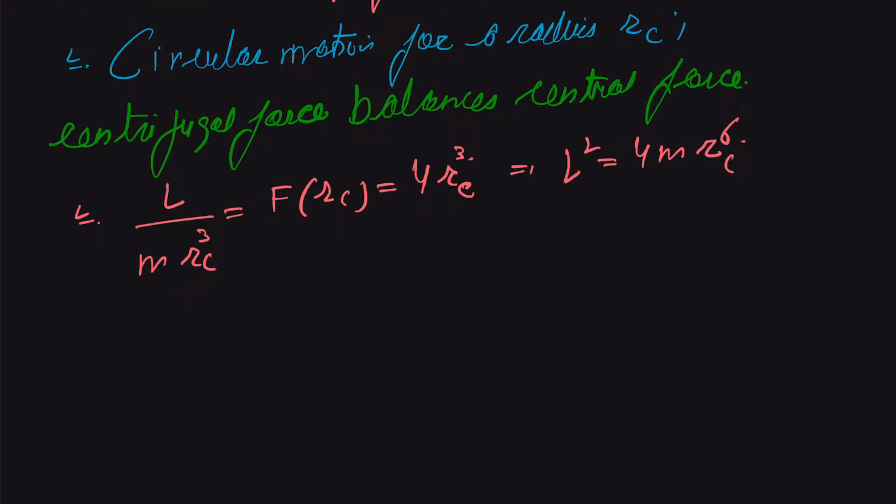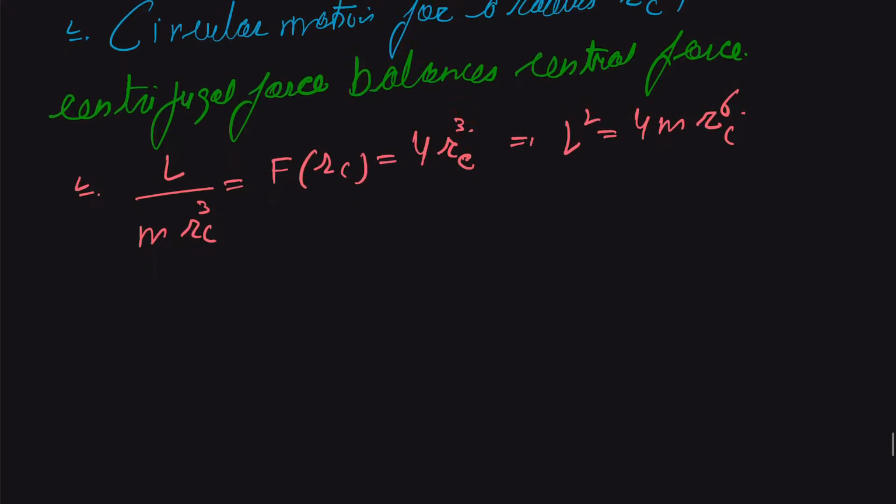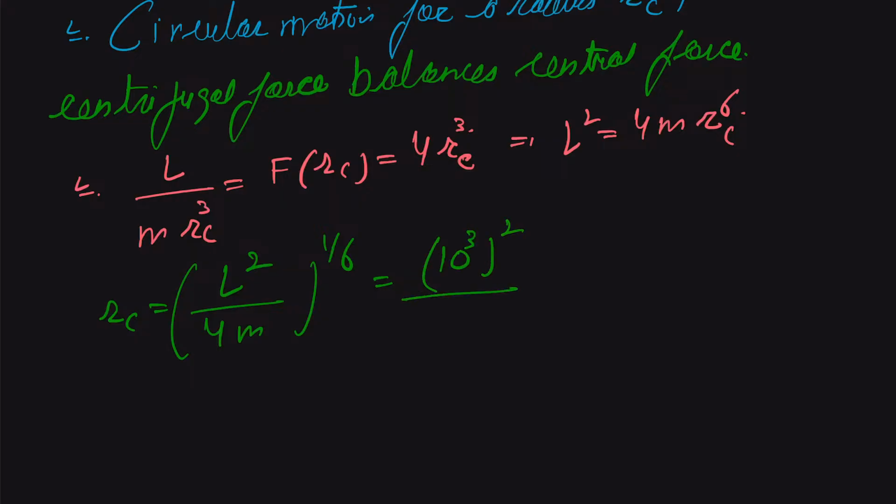We know, therefore we can say from here that our RC will be equal to L square over 4m, whole raised to power 1 by 6, and we are given L is 1000. So we get this as 10 raised to power 3 whole square divided by 4, and mass is given to us as 50, and this comes as whole 1 by 6.